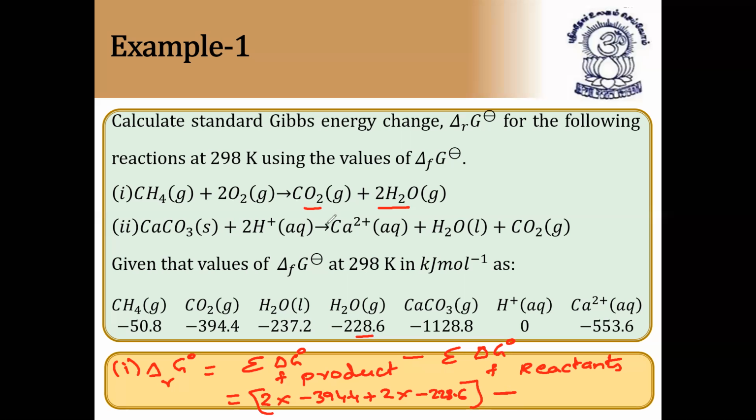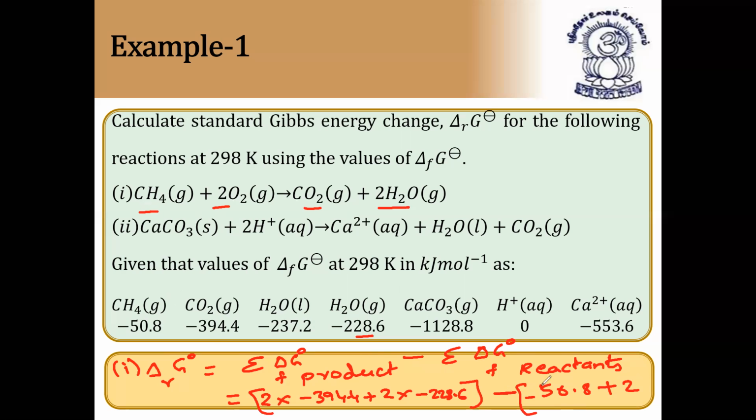Minus sigma delta G of reactants. First methane, then oxygen. For methane, only 1 mole. So 1 into 50.8, plus 2 into, what is the formation for oxygen? For oxygen, it is 0 because it is not given.